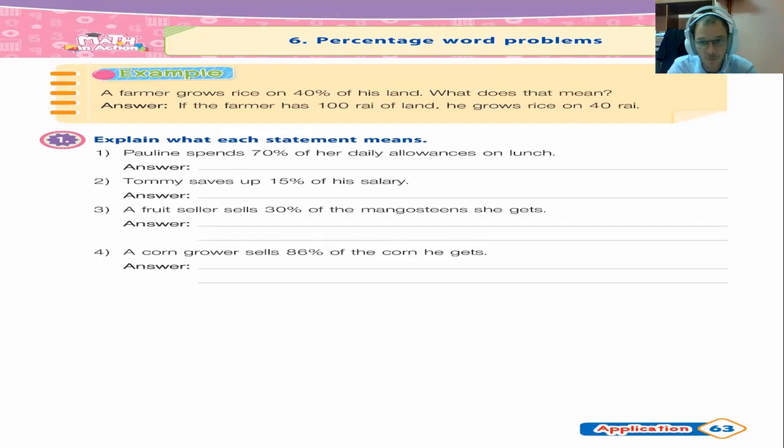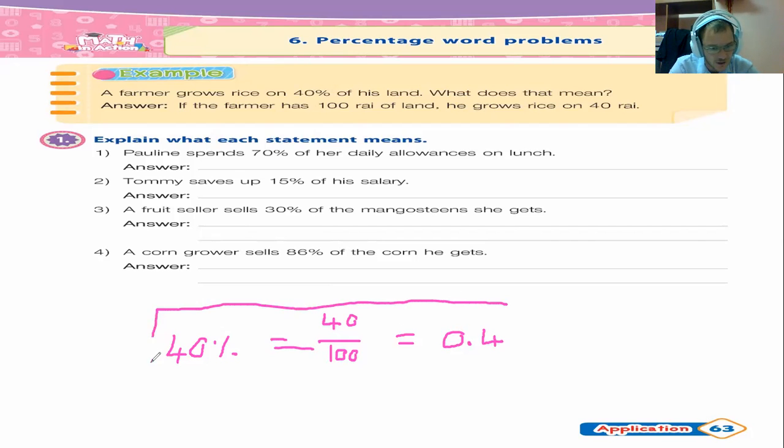They say a farmer grows 40% of his land. Now what does 40% mean? 40% means 40 over 100, it means 0.4. So with this information, that 40% already has these 3 equations in it, we can write our answer.